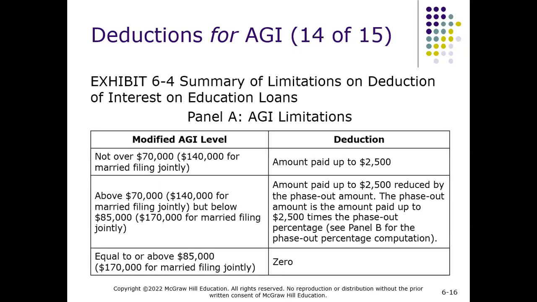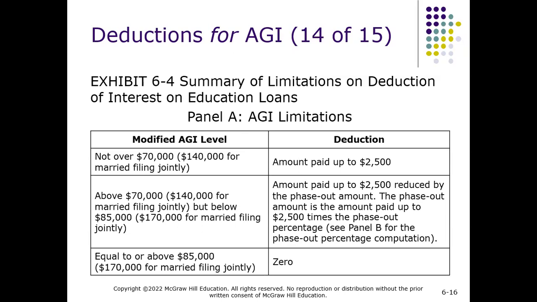There we go. I want to look at this first. So if your AGI for any filing status but married filing joint is 70,000 or below, you can deduct up to $2,500 of student loan interest, assuming you paid that much. It phases out, so you deduct less and less, based on a phase out percentage when your income is between 70 and 85,000, or I should say your AGI.